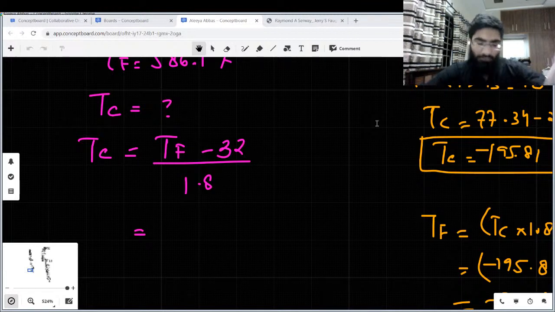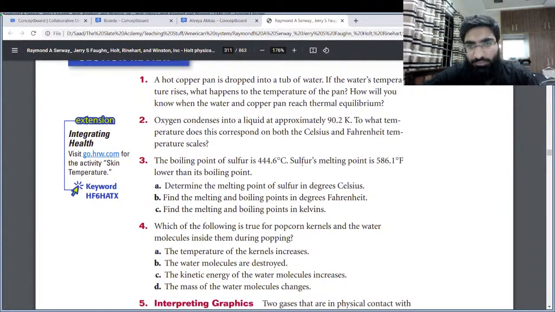We did it wrong. We didn't have to do the conversion of 586.1 degrees. See, the question says the melting point is 586.1 degrees lower than the boiling point. So I've got the boiling point, which is 444.6.